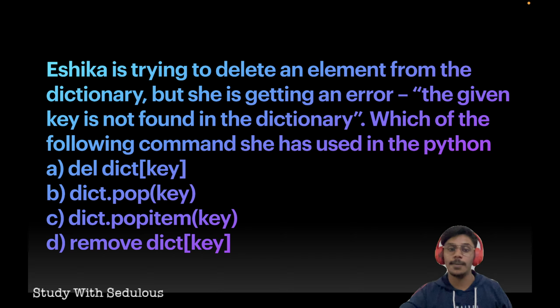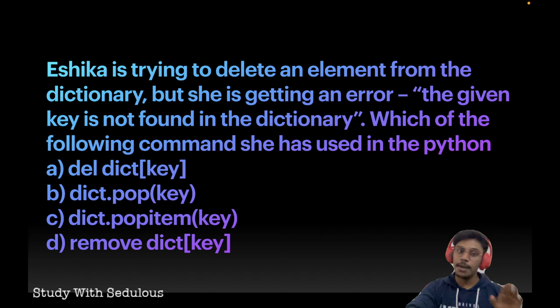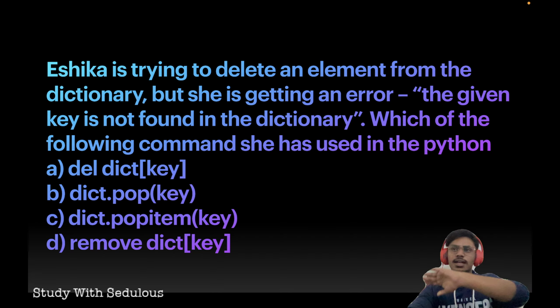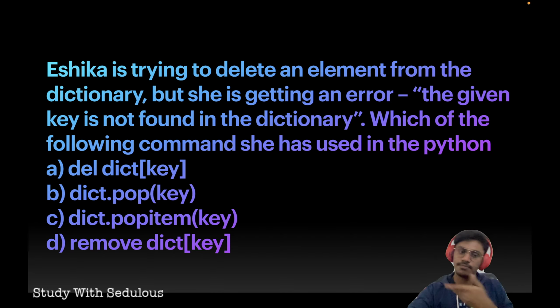It should be del, because pop and popitem... popitem is a function in which the last element would be removed, and with pop we can actually remove any element. It doesn't matter. If it exists, we'll remove it. But the error that the given key is not found in the dictionary, we get only in del, A.